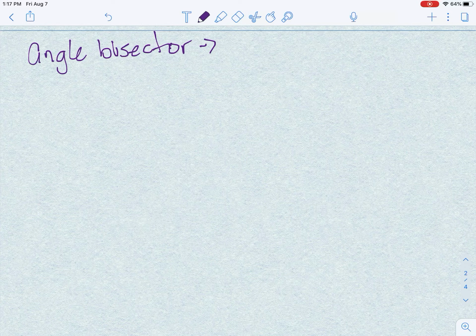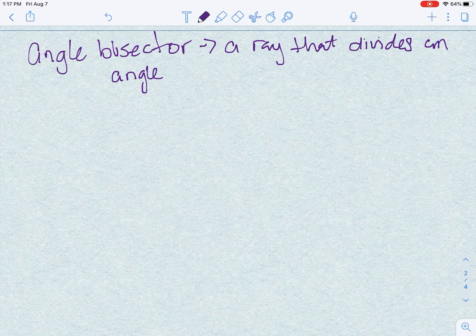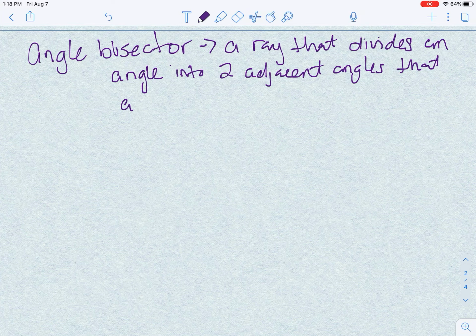So the official definition is a ray that divides an angle into two adjacent angles that are congruent.